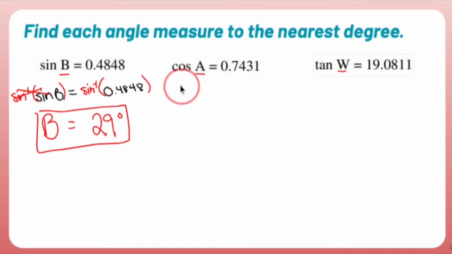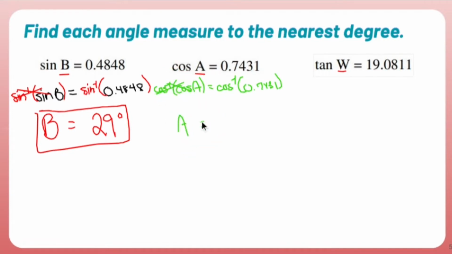I'm going to write this guy again, cosine A equals, leave myself some space, 0.7431. In order to get rid of cosine, I have to inverse cosine. Some professors, some teachers call that arccosine. Inverse cosine, both sides. That crosses the cosines out.